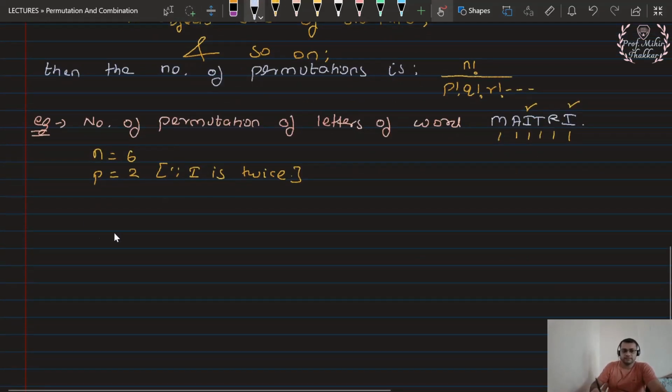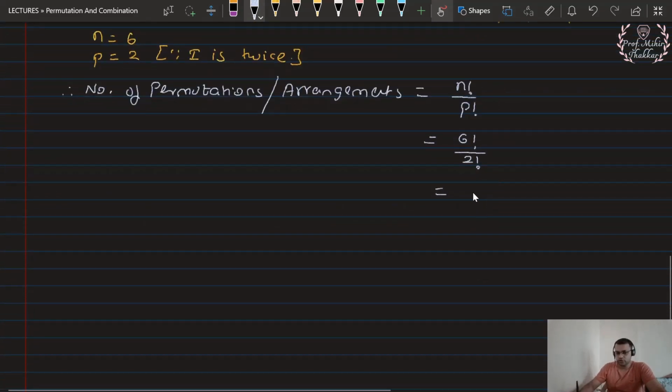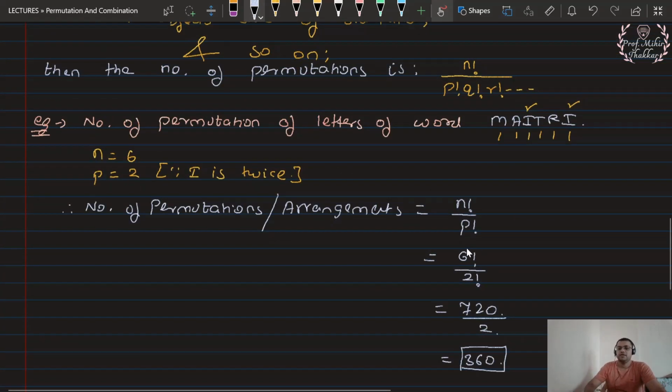Therefore the number of permutations, or arrangements, will be n factorial upon p factorial, which is 6 factorial upon 2 factorial. 6 factorial, as I told you in the last lecture, is 720, divided by 2, giving us the answer 360. So there are 360 different ways of arranging the letters of the word Maitri.